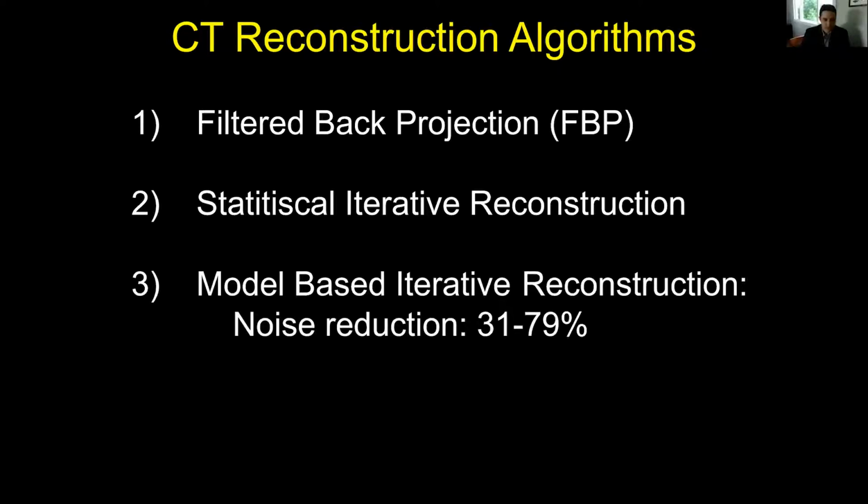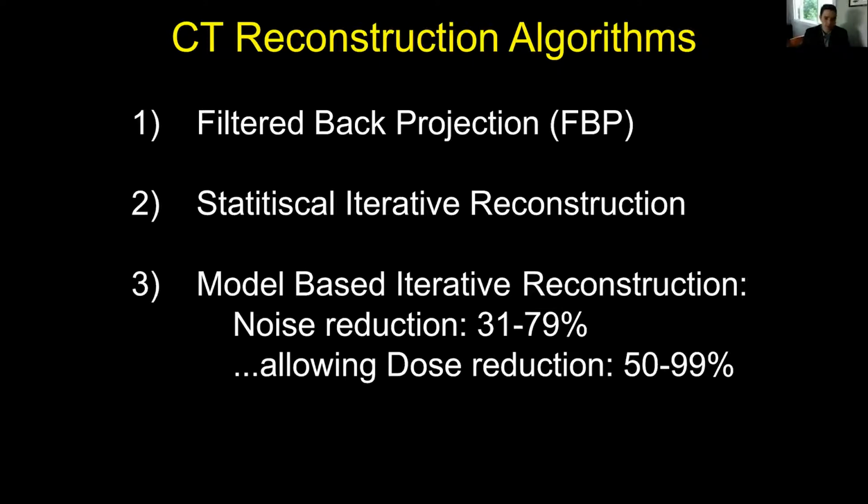This one, the latest and greatest, allows you to reduce the noise a lot, allowing a dose reduction of 52, in some reported cases, 99%. Well, how is that possible? It's almost like no dose. Well, what that means is the radiologist chose to have a very low dose study and then used model-based iterative reconstruction to make those pictures look prettier.